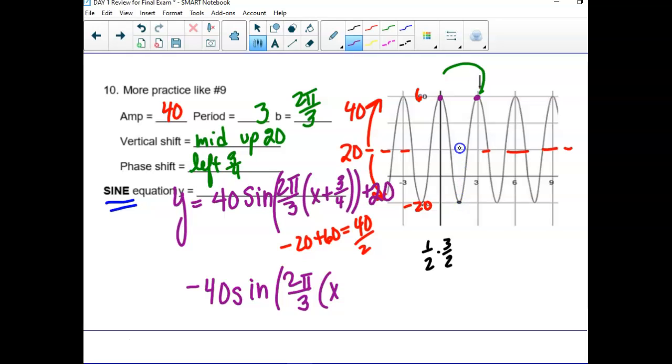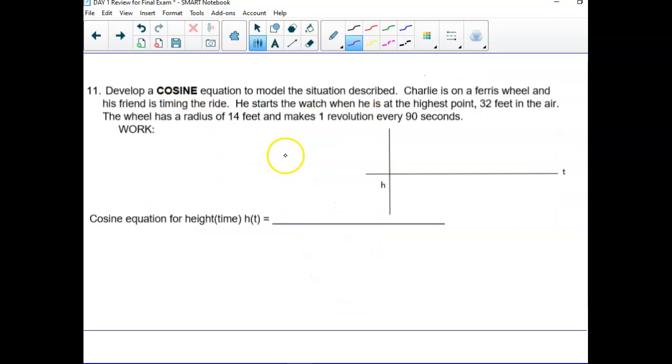So halfway here is 3/2, and half of that again is 3/4. So you either had to go 3/4 to the left or to the right. If you did it to the left or to the right, it would have been a negative sign. But that's way gross compared to what's on the quiz. All right.